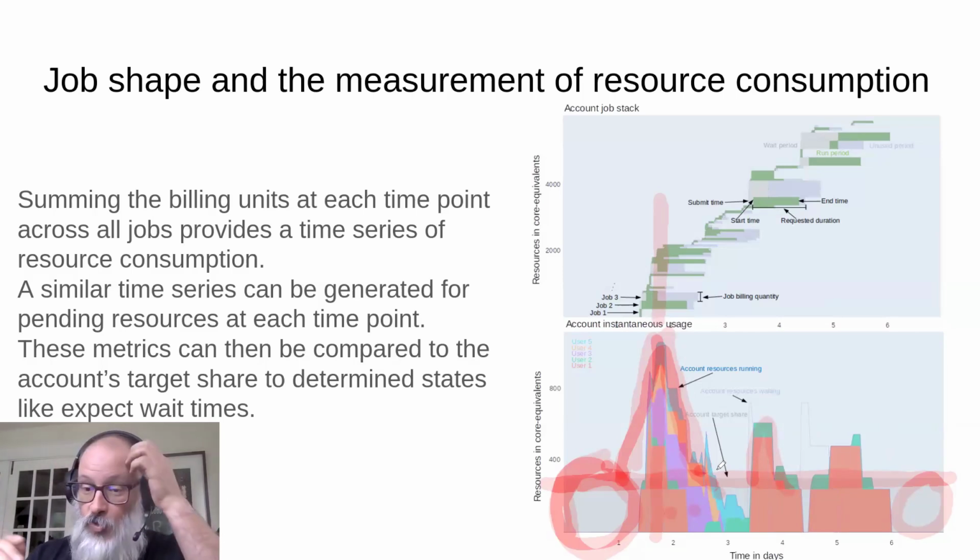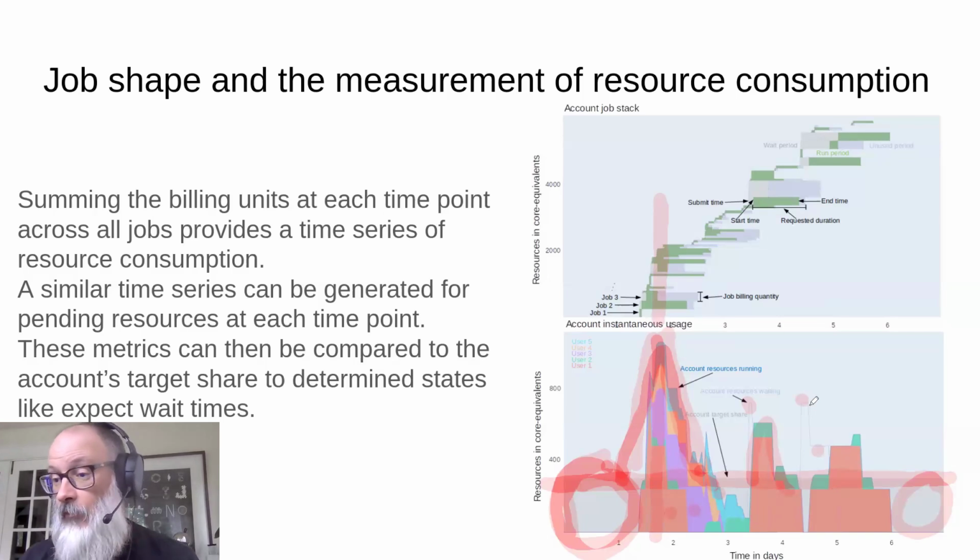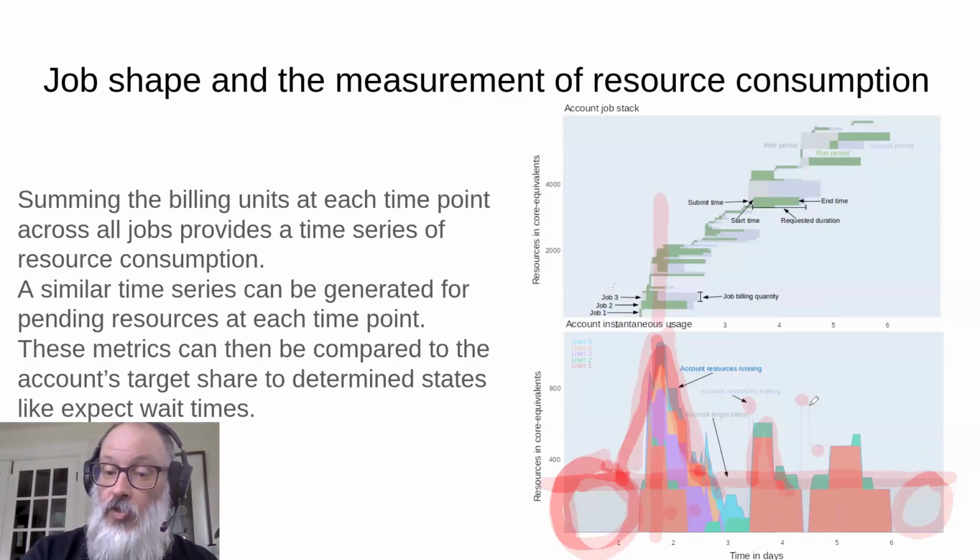So there's one other thing, you can barely see it here, but there's a gray line right here that peaks there, and then drops down. That gray line is the number of resources that are pending at each time. And we calculate that by summing the amount of gray area at any time.